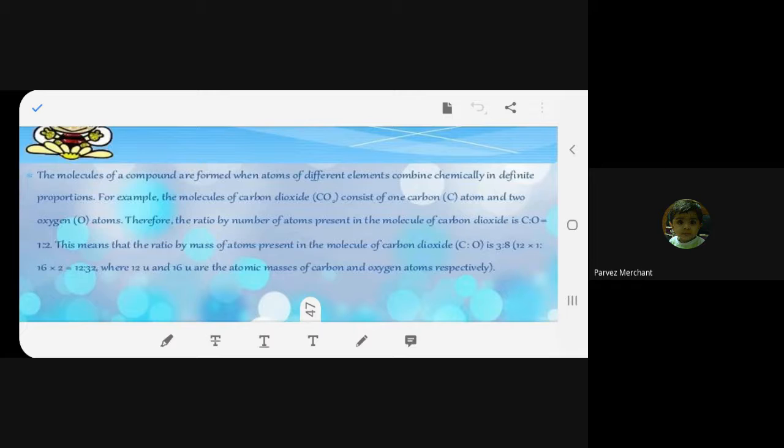Are you understanding what we are doing? How many atoms of carbon, and how many atoms of oxygen are in which ratio? In this proportion they have joined to form CO2. So different elements are combining. What are the elements over here, beta? C and O. One is carbon and the other is oxygen.